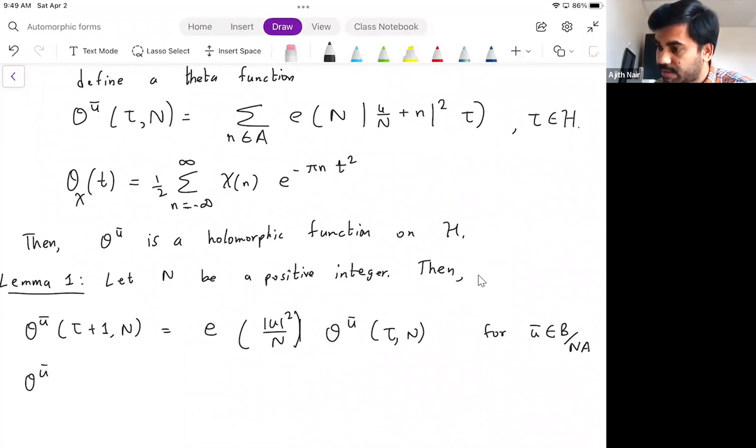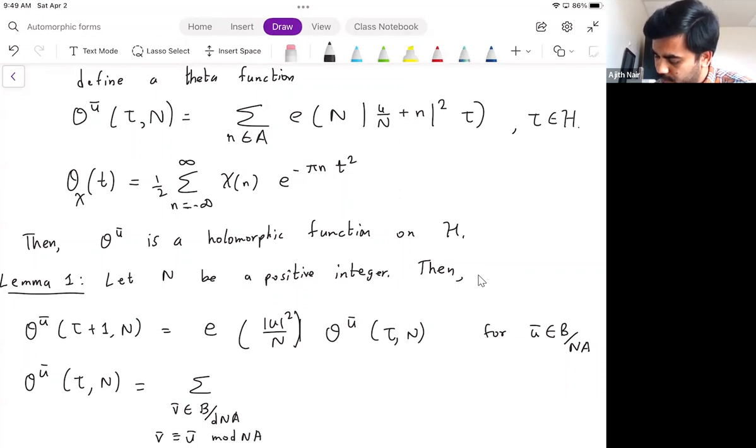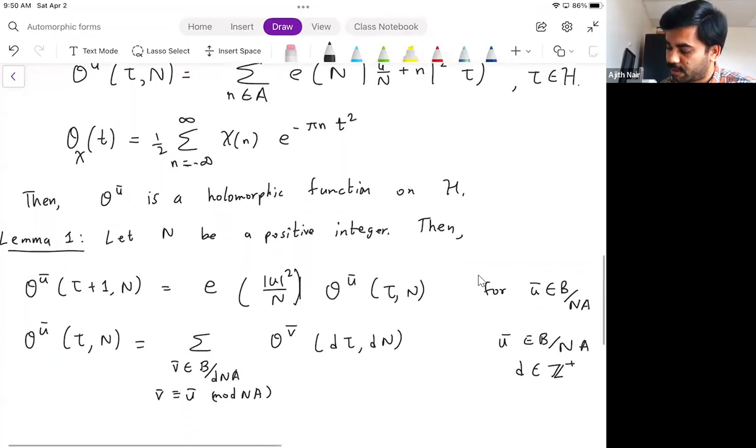We also have theta u bar tau n is the summation over v bar in B mod dNA, v bar congruent to u bar, of theta v bar d tau dn. So this property is not exactly the modularity, but this is also a useful property.